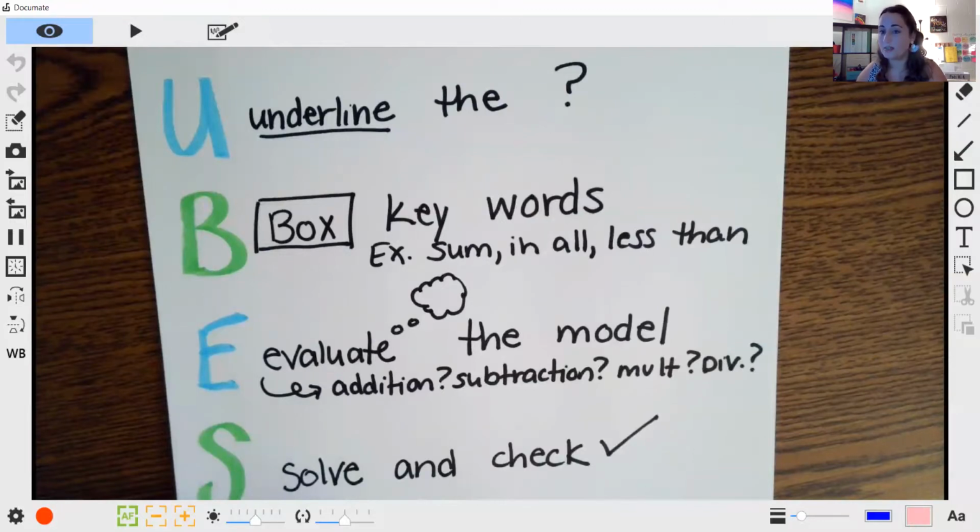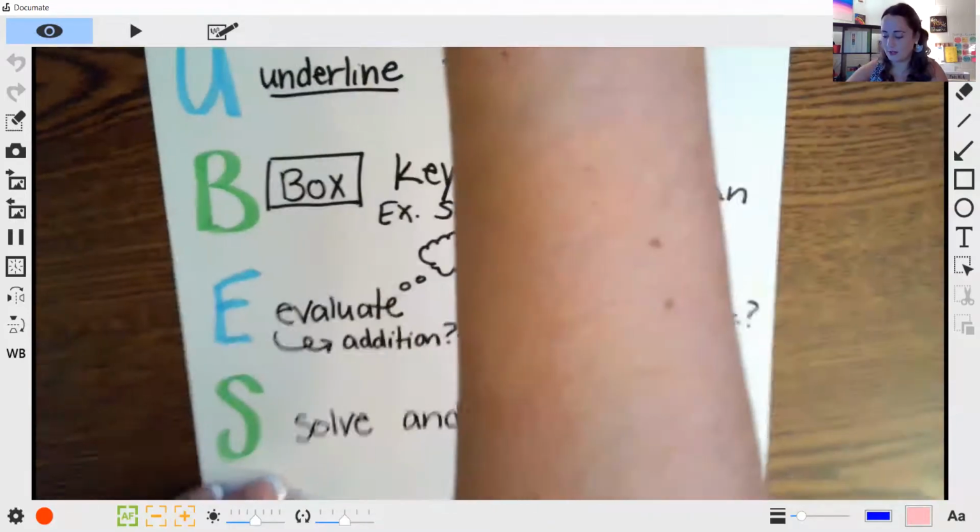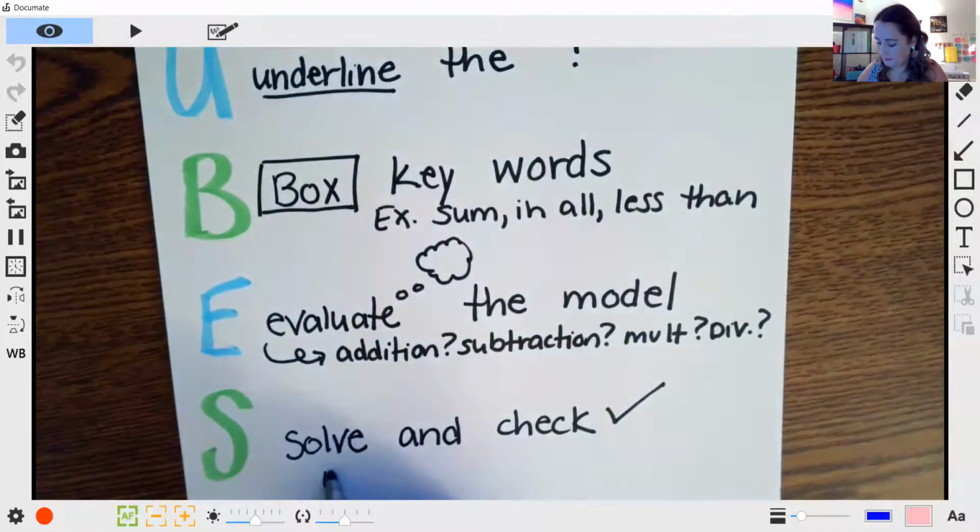Checking your work means you're going to basically reverse the problem. So let's say you did a subtraction problem. Let's say you did 100 minus 50 for whatever your word problem said. In order to check it, I'll write this down here just as an example. Let's say we did 100 minus 50, okay?